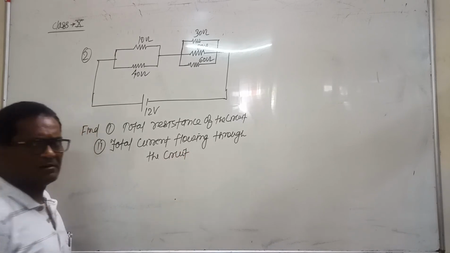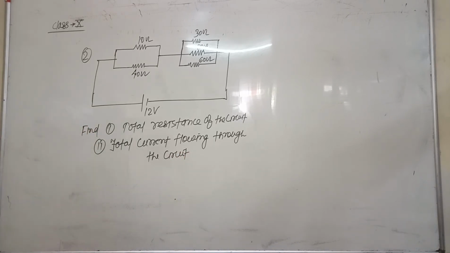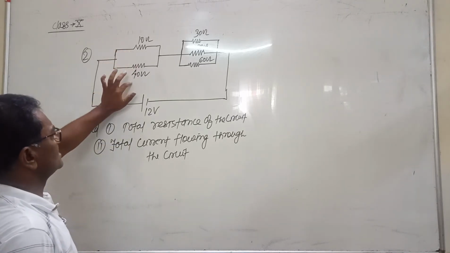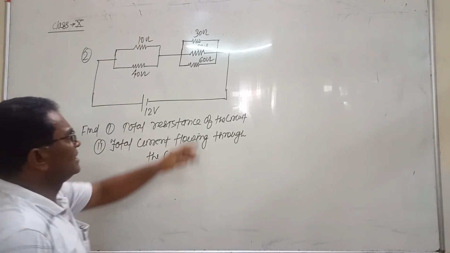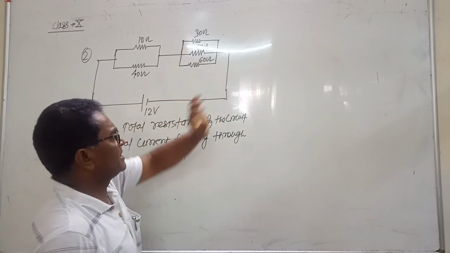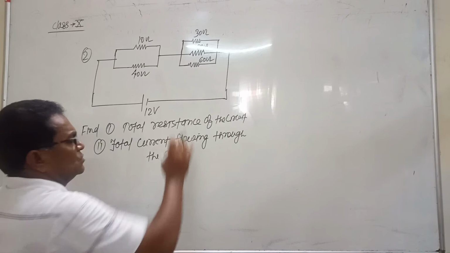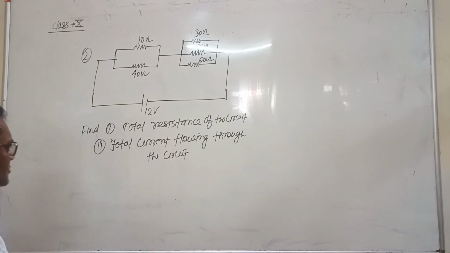From the given circuit, we have to find the total resistance and total current through the circuit. So these two resistances are connected in parallel, and these three are connected in parallel, and the combination of these two are connected in series.